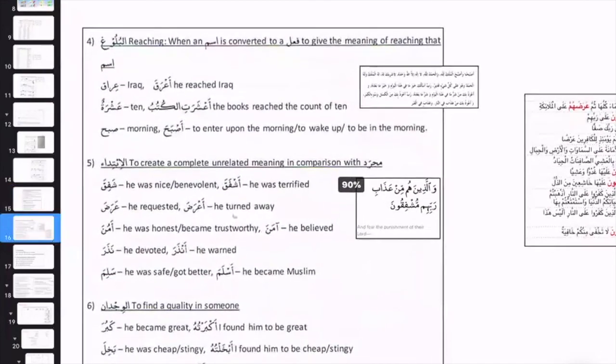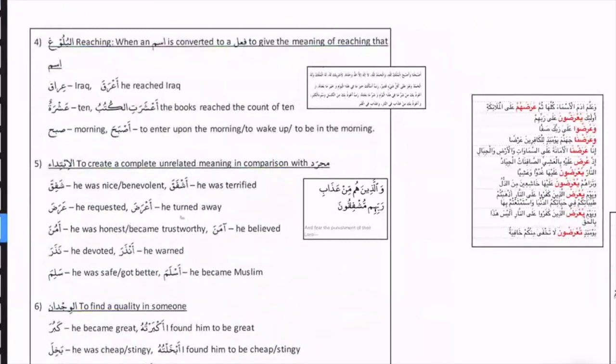Then we have balu, meaning reaching. When an ism is converted to a fail to give the meaning of reach out, like Iraq is a country. When I say Iraq, in family 4, it means he reached Iraq. So Iraq is the name of a place, and when I bring it to family 4, then it means that I get there.